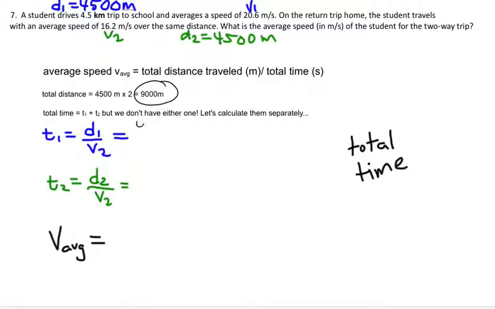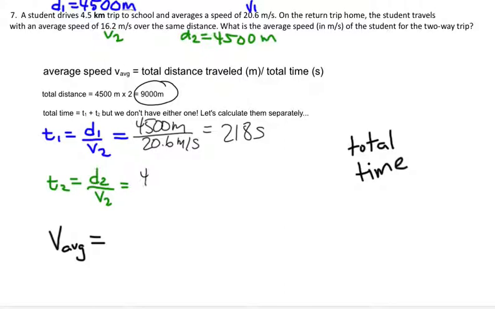So T1 is the distance to school, which is of course 4,500 meters, and the speed that this kid went to school with is 20.6 meters per second. To three significant figures, we're talking about 218 seconds.